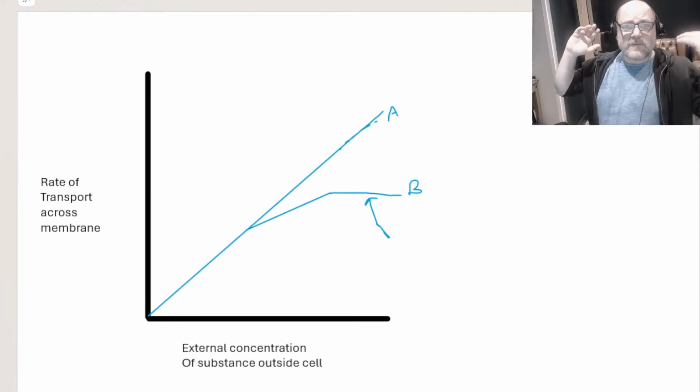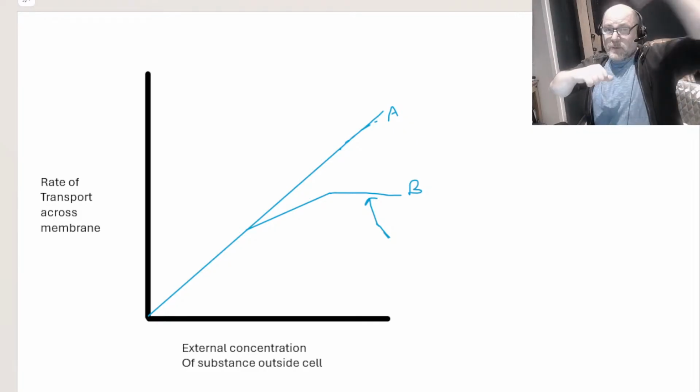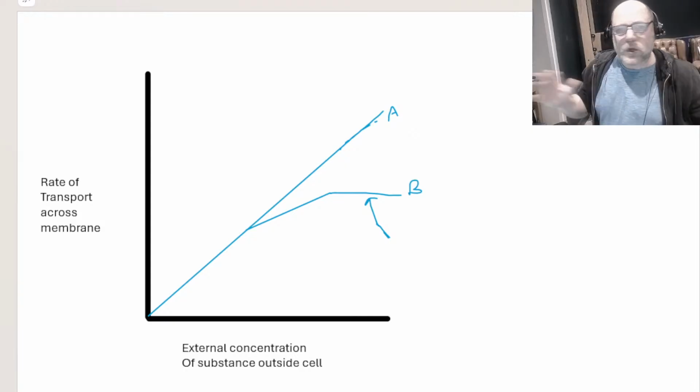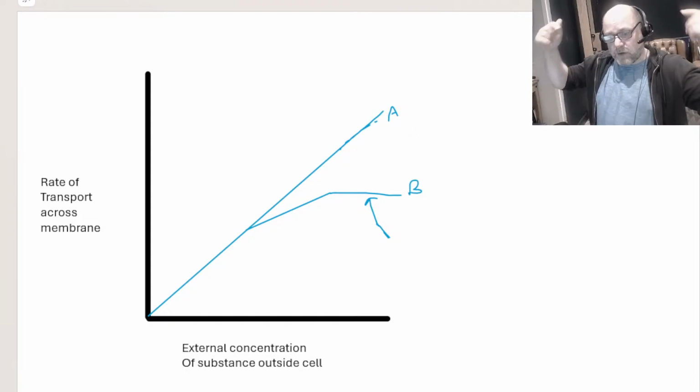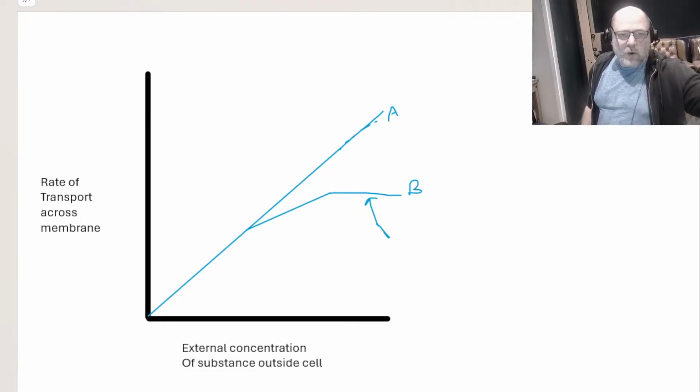It doesn't matter if I then say, well, increase the external concentration to 5 million. Diffusion is from high to low, and the steeper the concentration gradient, the faster it moves. You're not going to get any faster because they're queuing up to go through the channel proteins. So you can say the channel proteins are saturated, but essentially it doesn't matter if we keep increasing the external concentration, you will not get a faster rate of diffusion.